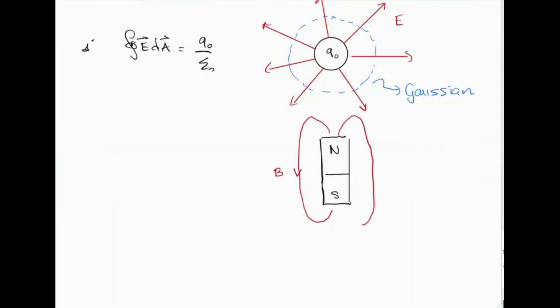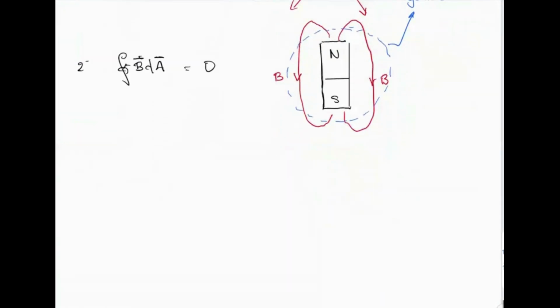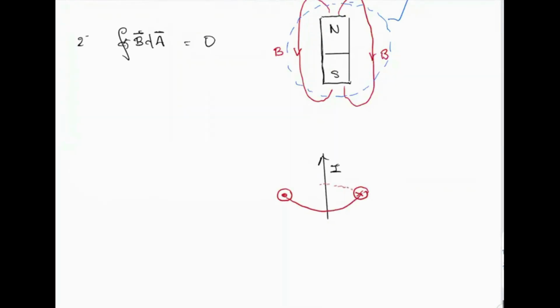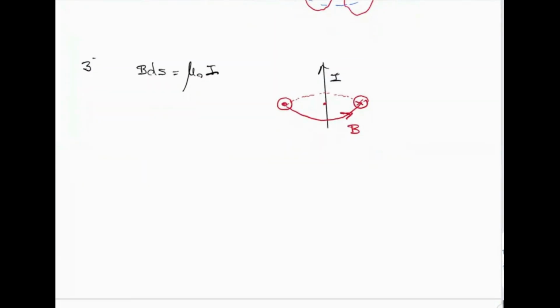The next one is, once again, the net magnetic dipole is what generates the total magnetic field intercepted by the area. In this case, it's going to be 0 because magnets are dipoles. The third one is based upon what Oersted discovered. Current causes a circulating magnetic field. I forgot to do the integral sign there.